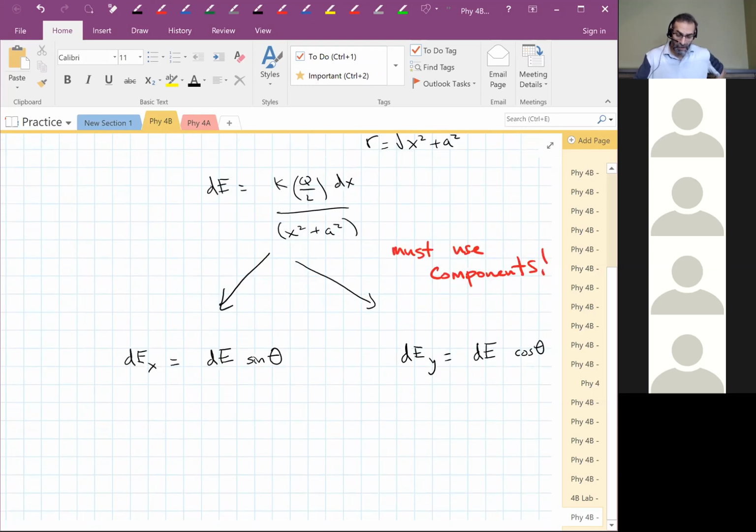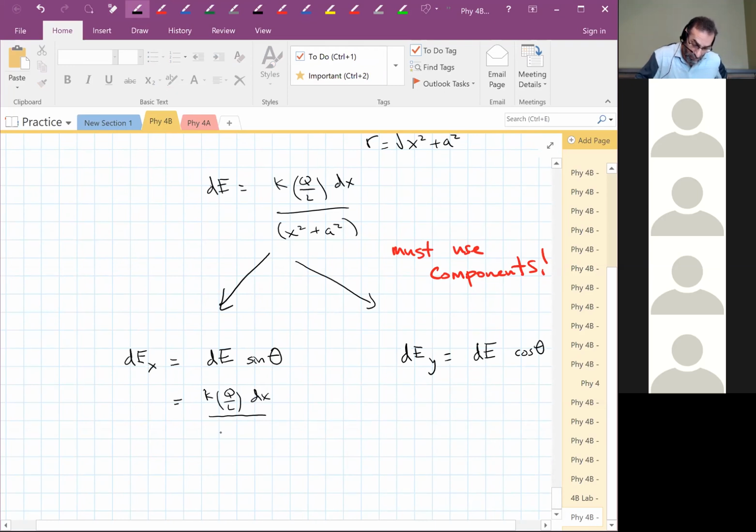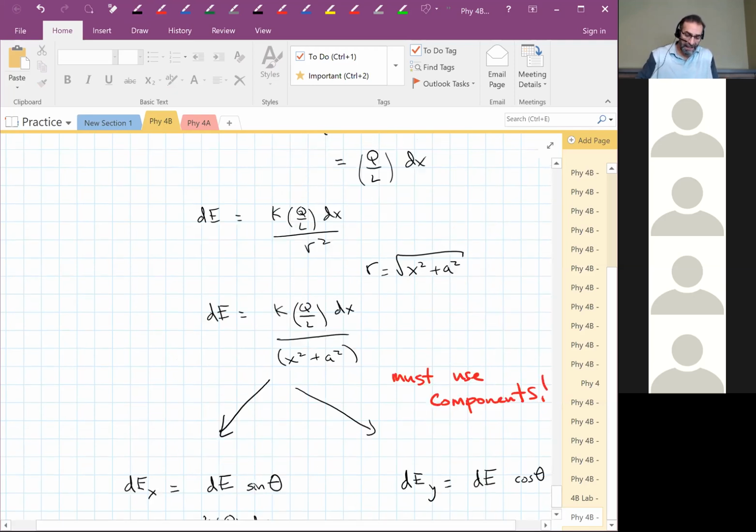Okay, so let me go back and plug in here. So I've got k Q over L, dx over x squared plus a squared. And now I have a sine theta here. So just when I thought I had this whole equation in terms of x's, now I've got a theta in there, and that theta is a variable, right?